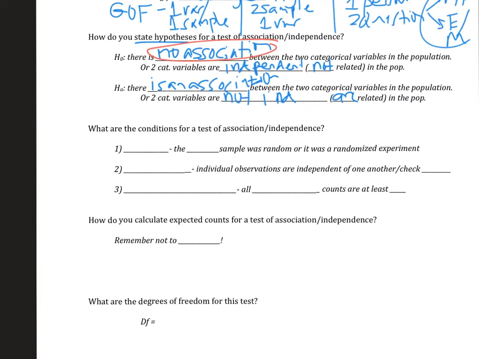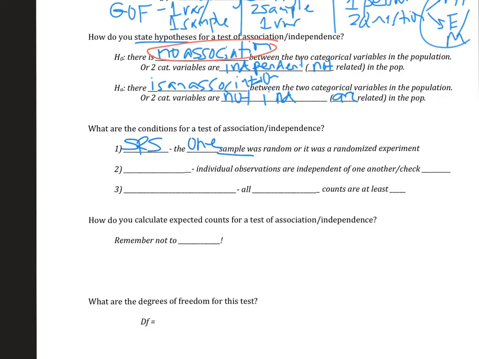Okay, so what are the conditions for a test of association independence? Well, guess what? They're exactly the same for all three chi-square tests, which is so nice. And also, you get real sick of it, don't you? All right, SRS: the one sample, don't say samples, it's one sample, was random.